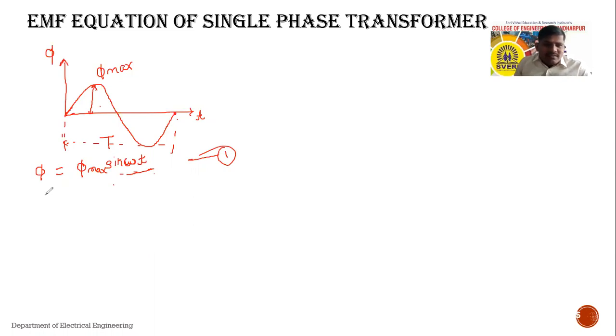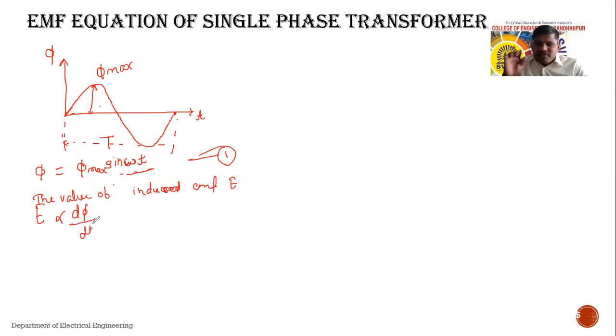In yesterday's lecture, in the working principle, we already discussed that the value of induced EMF E is directly proportional to d phi by dt, according to Faraday's law of electromagnetic induction.